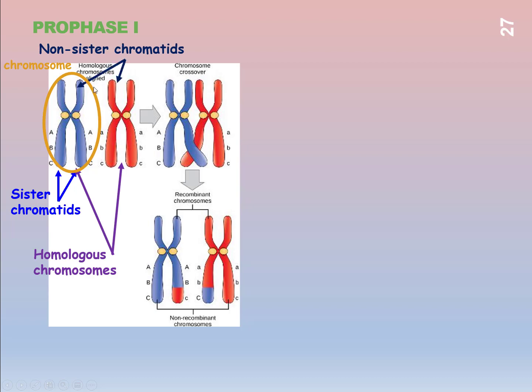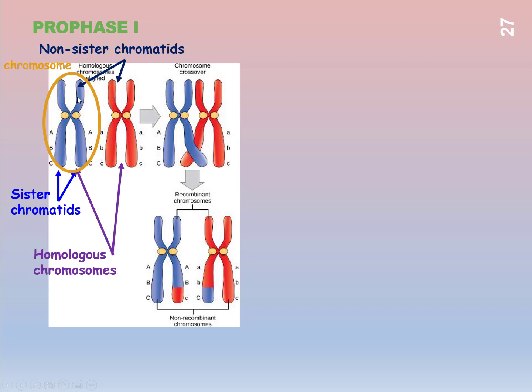When we start looking at non-sister chromatids, and this is important because this is where we get some of the more interesting stuff that happens in prophase 1, the non-sister chromatids have the same chromosome number, but are coding for, if it's eye color, one's blue, one's green. So that's what's going on with the non-sister chromatids.